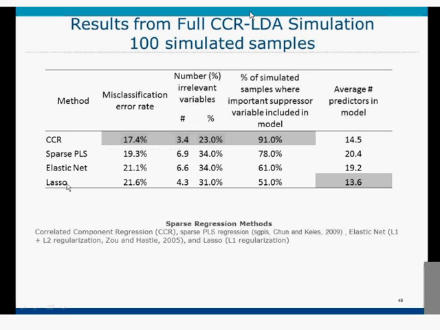Lasso did the worst, and it's known in the literature that Lasso has problems with correlated predictors, in that some that are highly correlated may not come out if others come out. And you see it did worst as far as the percentage of time where the suppressor SP1 was selected.